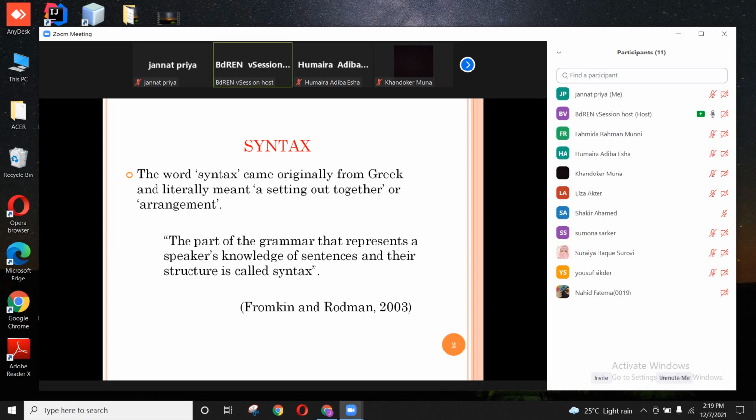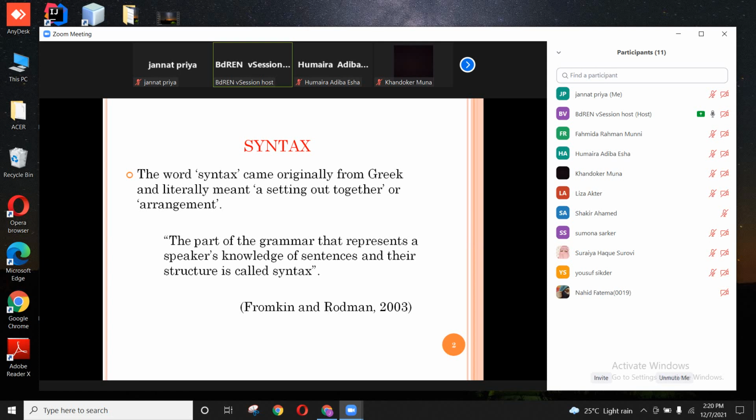And this is evident from this definition: represents a speaker's knowledge of sentences, not words. Here, the writers Fromkin and Rodman did not say anything about words. Rather, they focus on the sentences, knowledge of sentences and their structure, how a sentence is formed, what are the different elements of a sentence, and what is the arrangement of these different words in a sentence. These are the things that are discussed in syntax.